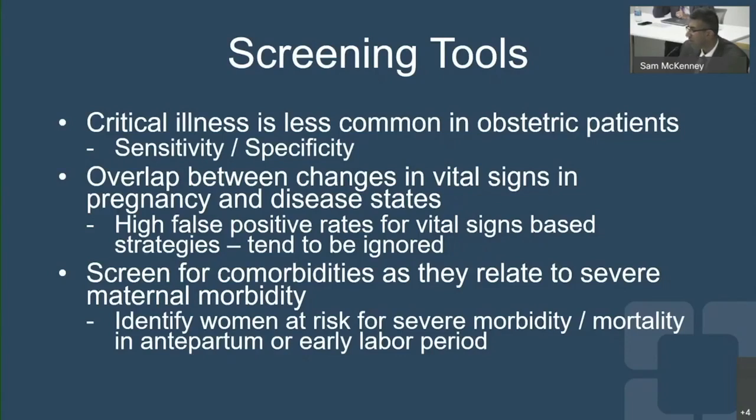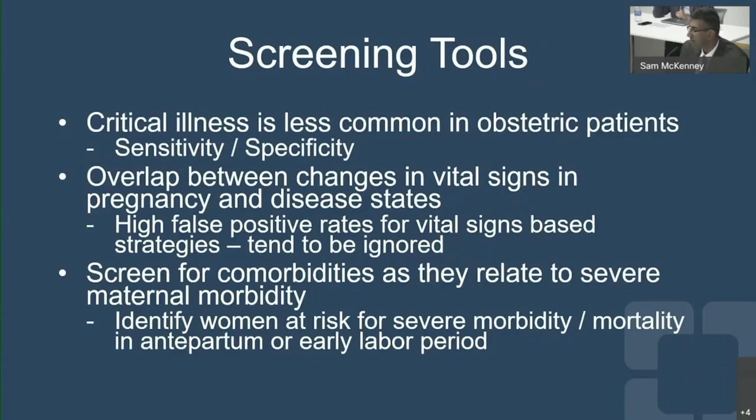However, there's a lot of overlap between vital signs in pregnancy versus that in disease states. So these tests tend to have high false positive rates, and they tend to be ignored over time because of that. So again, probably a better approach is to screen for comorbidities as they relate to severe maternal morbidity.